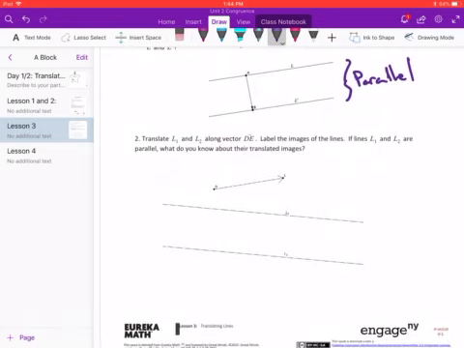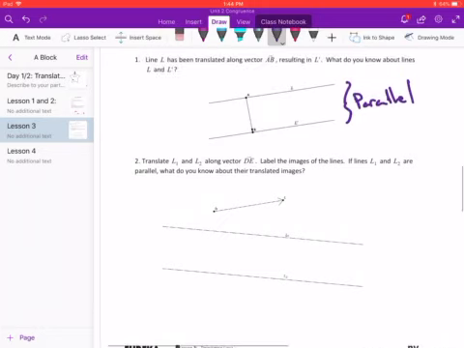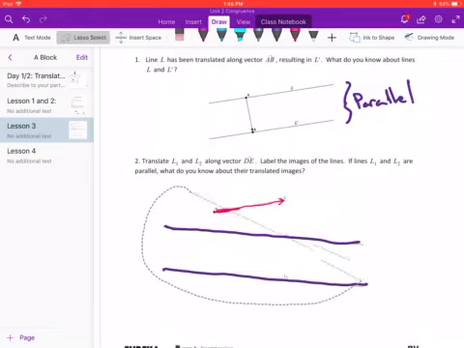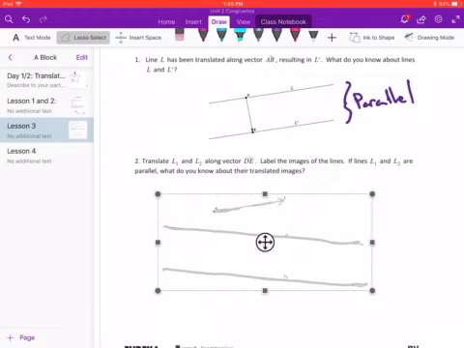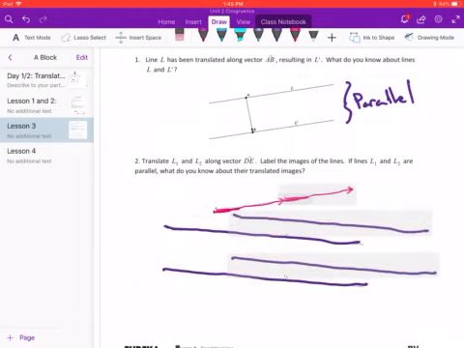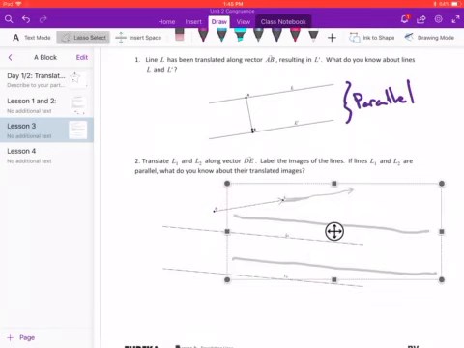And then I'm going to stop there because I think now you can. Let's do one more together because this one's fun. We have L1 and L2. These are parallel. And I have my vector DE here. This is my vector. And I want to translate L1 and L2 along that vector. So I'm going to slide it along that vector.